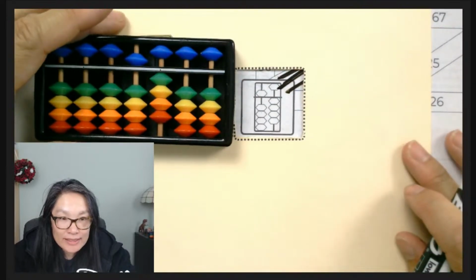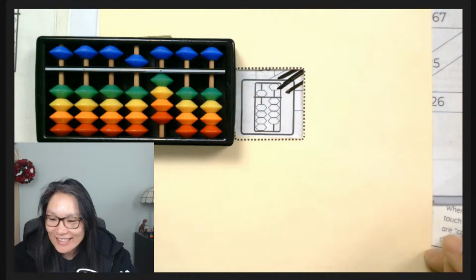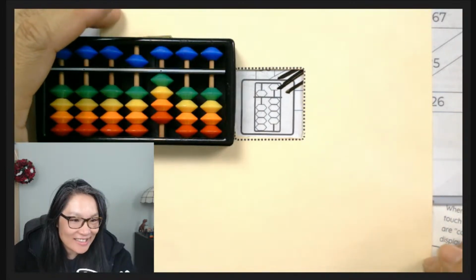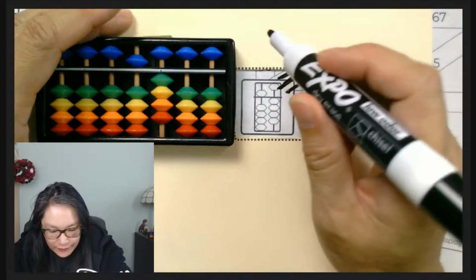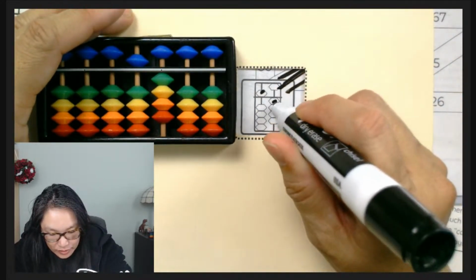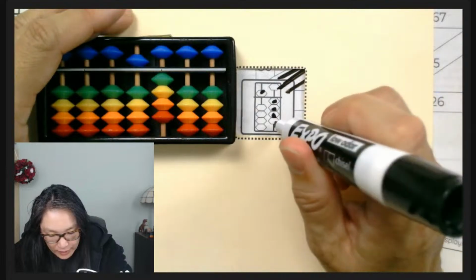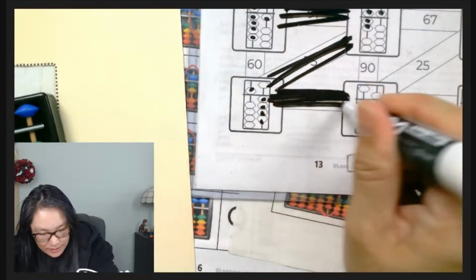What number do we think this is? 54. Yes, 54, because we have a 5, and then we have 1, 2, 3, 4. Does that make sense, Sarah? So what we're doing is we're just learning to read the abacus, and this is just coloring.